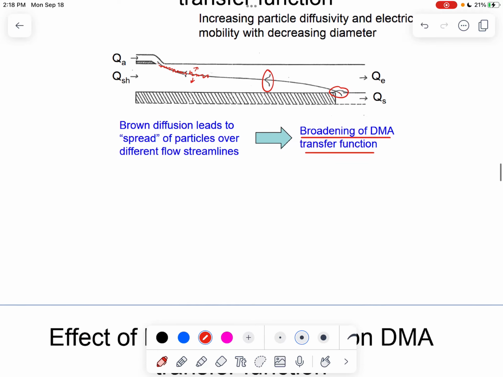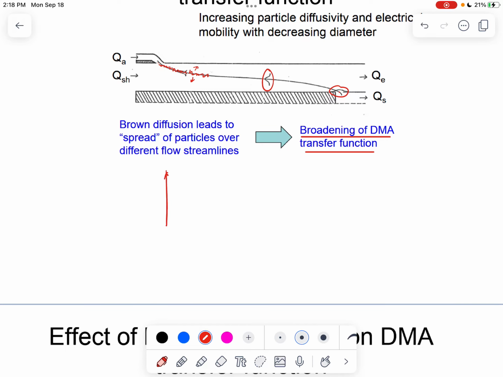Okay, so what that means is that originally you have, let's say, a triangular shaped transfer function, which means that QA equals QS, right? This is omega. But because of diffusion, especially when you're classifying smaller particles, you're going to have a broadened Gaussian shaped transfer function, right?